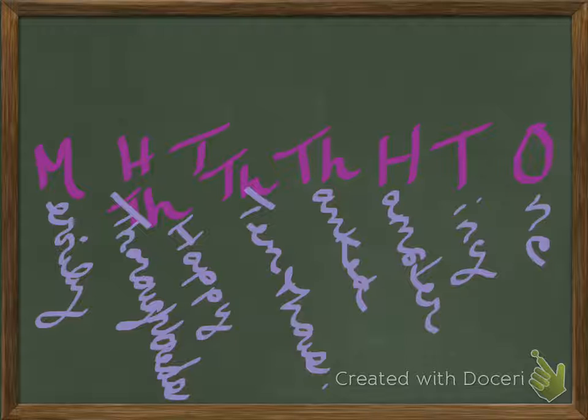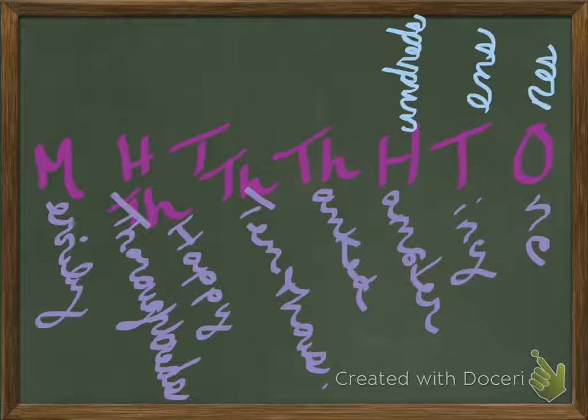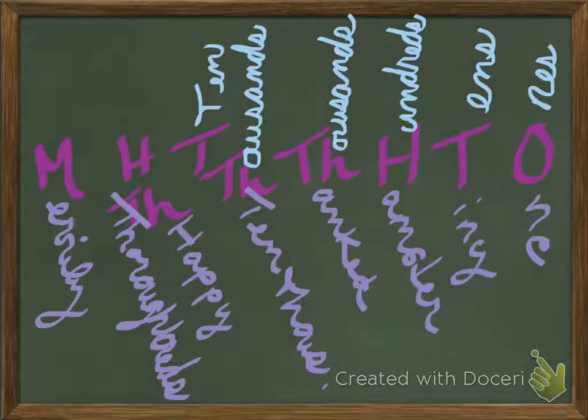So the O stands for the ones column, the T for the tens column, and the H stands for the hundreds column, and the T stands for the thousands column, and the TH stands for the 10,000s column.